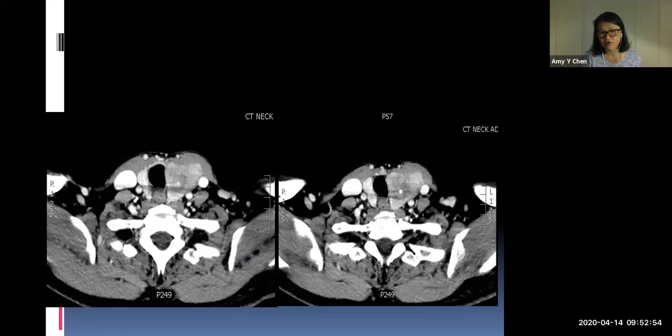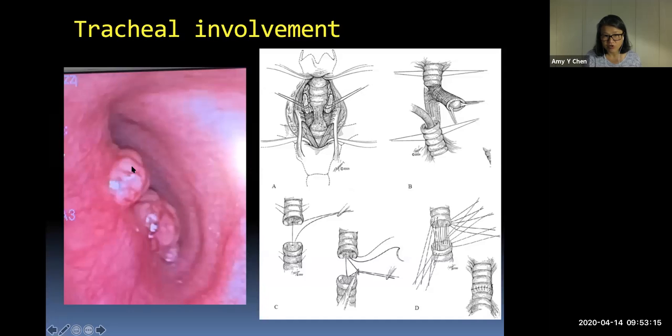What about if it involves the trachea? Now, a patient can present with hemoptysis, and I've had several patients present with hemoptysis and not realize that they actually had tracheal invasion of their thyroid cancer. You can see here that the nice lumen of the trachea has been distorted with this invasive process. And it looks like you can actually see tumor going into the tracheal wall, growing through and through the tracheal wall.